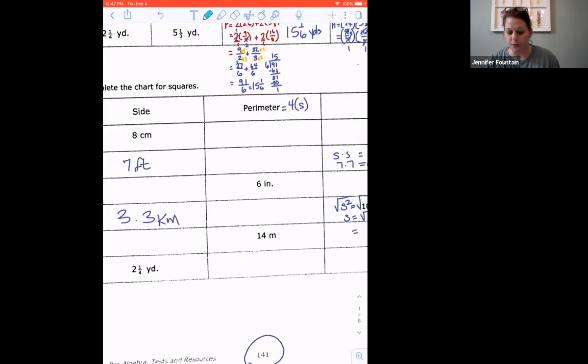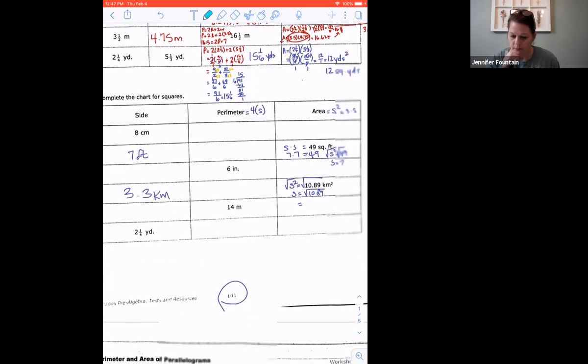Our first one is squares. The formula for the perimeter of a square is 4 times the measure of one side, and 4 times 8 is 32. We are dealing with centimeters, so 32 centimeters. For area, it's side squared, so 8 squared is 64, and here we have centimeters squared. Any questions on that one?